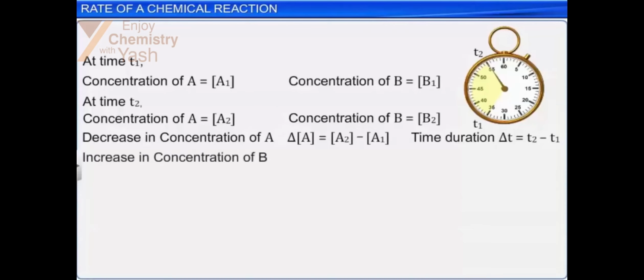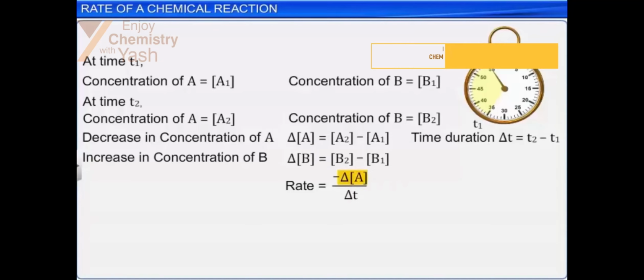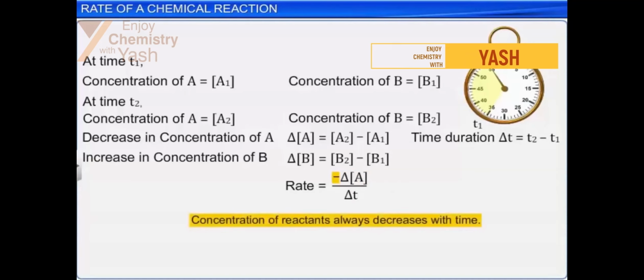Similarly, the increase in the concentration of product B, delta B, is given as B2 minus B1 during time interval delta T. Using the definition of rate of chemical reaction, we get the rate of the given reaction as the decrease in the concentration of A, minus delta A, divided by time interval delta T. Now, delta A is a negative quantity since the concentration is decreasing with time.